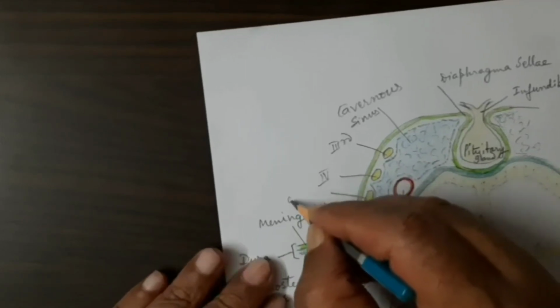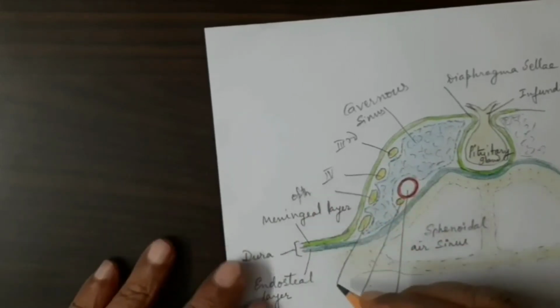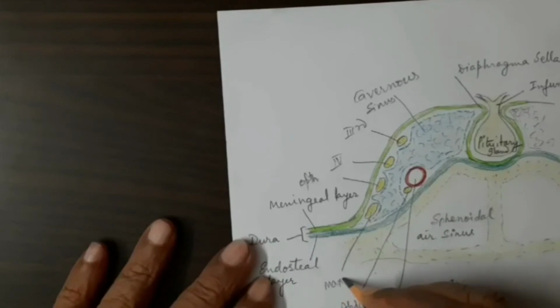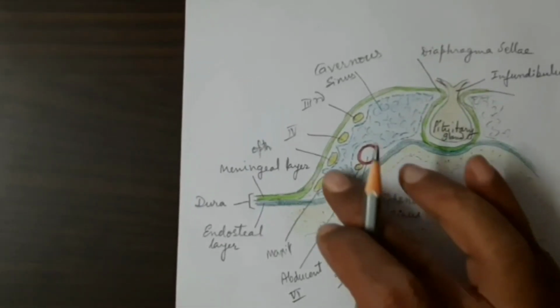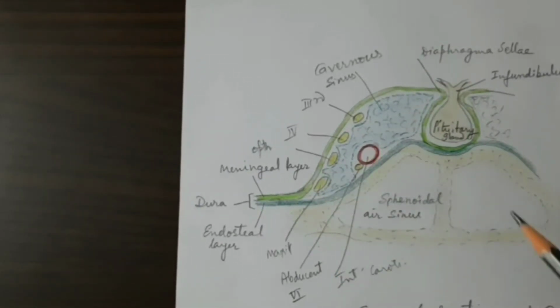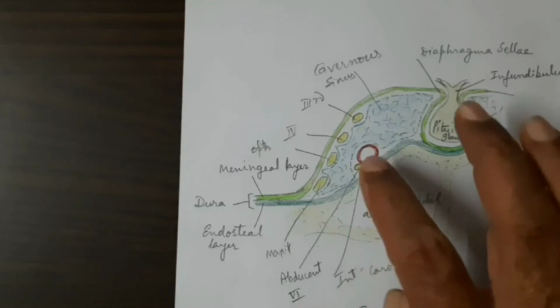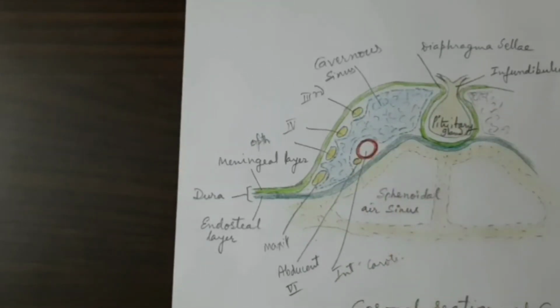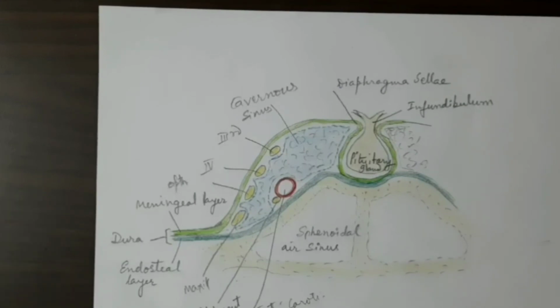This is the ophthalmic nerve, and this is the maxillary nerve. These two, ophthalmic and maxillary, are branches from the trigeminal ganglion. So these are the structures present in the lateral wall of the cavernous sinus. Near the medial wall is the internal carotid artery, but they are not within the cavernous sinus. They are actually outside, close to the medial and lateral wall respectively.